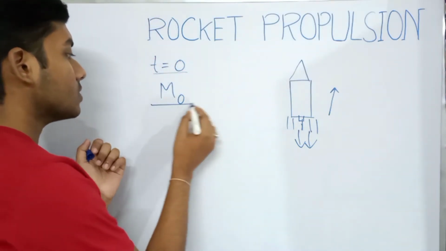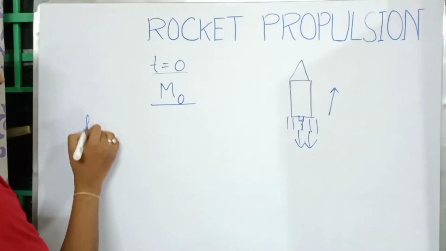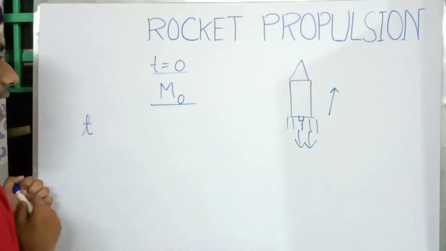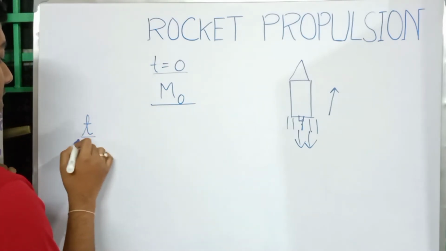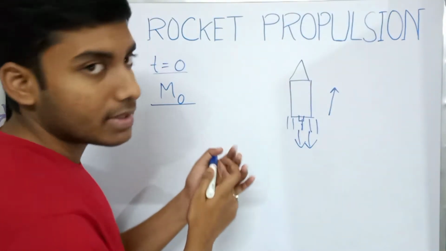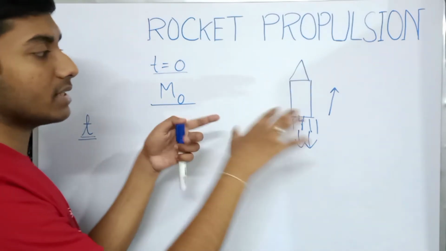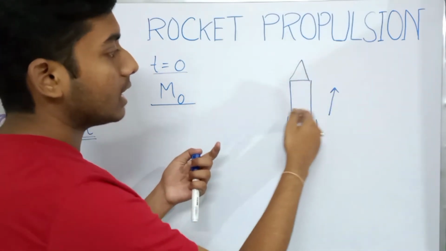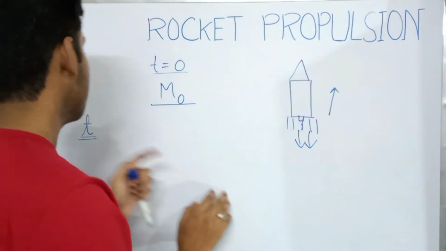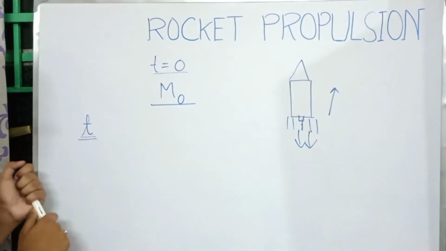So suppose we are considering a particular time, small t. At this particular time, some amount of fuel is burnt and produces gases. These gases are ejected in the air, and so the mass of the whole system has decreased.